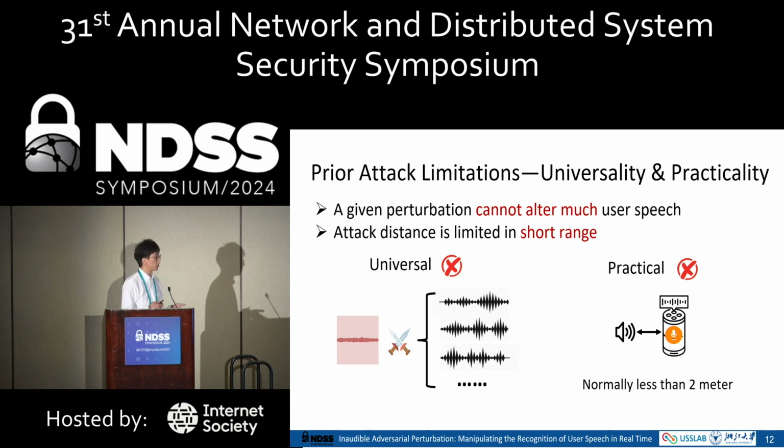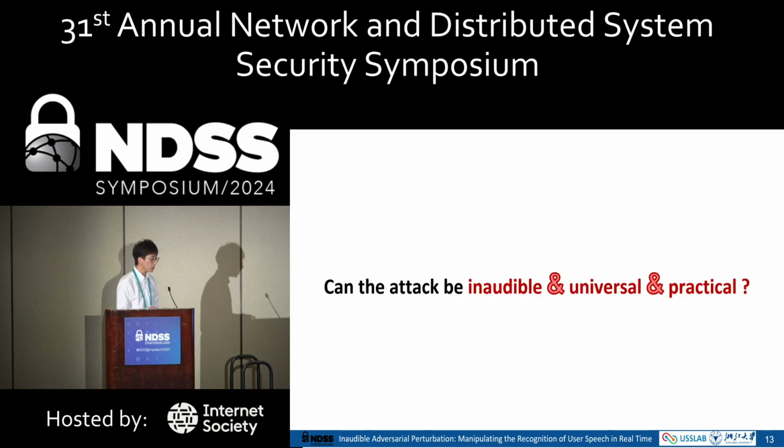Moreover, this constraint also limits the universality and practicality of audible band AE attacks. Thus, a single perturbation is too weak to tamper with any user speech, and the attack is limited to a short range. So, can the attack be entirely inaudible yet universal and practical?